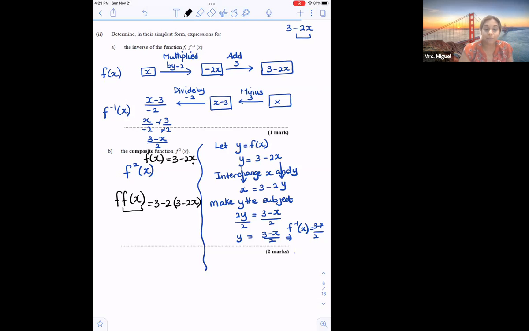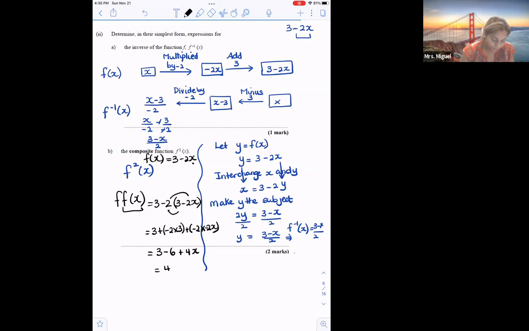Then I am going to multiply each term inside the bracket by negative 2. So this will give me 3 plus negative 2 by 3 plus negative 2 by negative 2x. This will give me 3 minus 6 plus 4x.